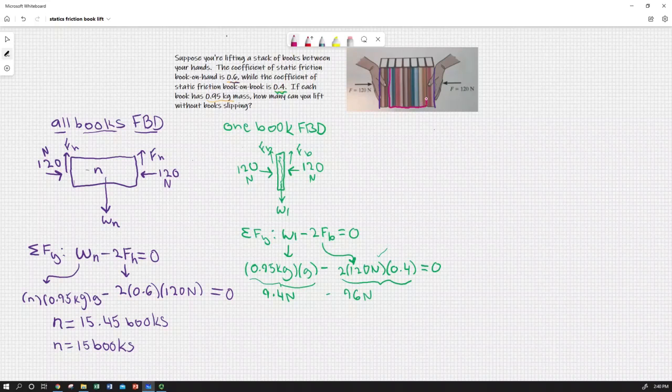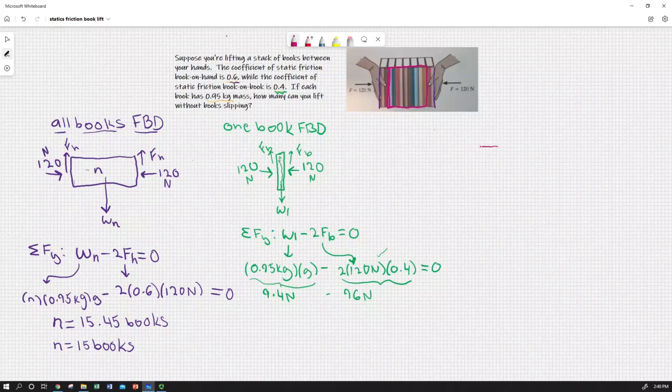So let's take all the books other than the two ends. And the reason I'm taking all but 2 instead of all but 1: if I took 1 against the hand, I would have a different coefficient of friction, and I might end up with an unknown I can't solve for. So we can discuss that in brief, maybe right at the end.